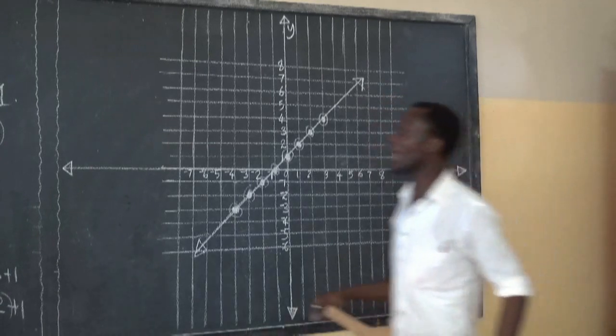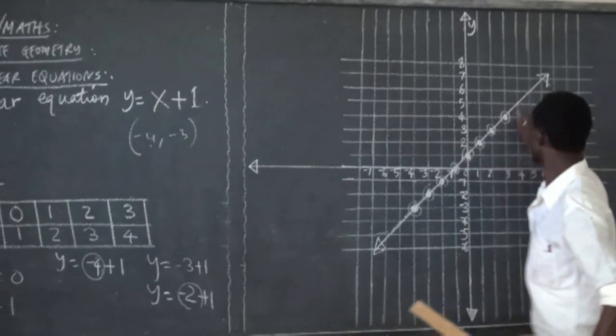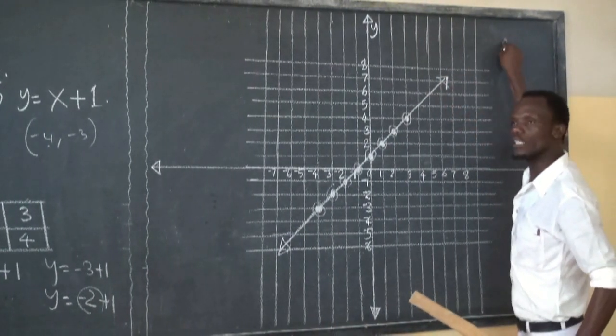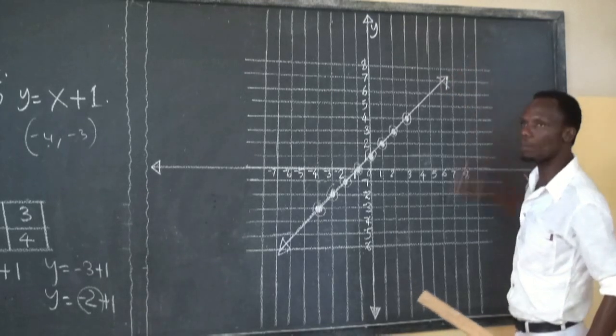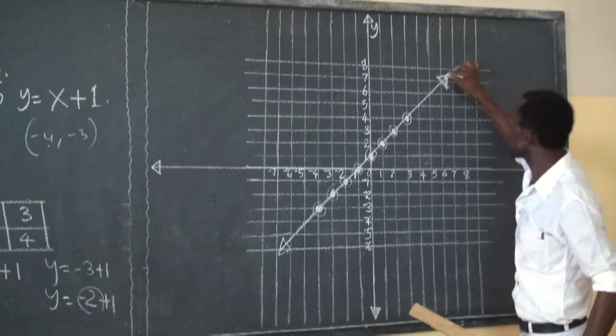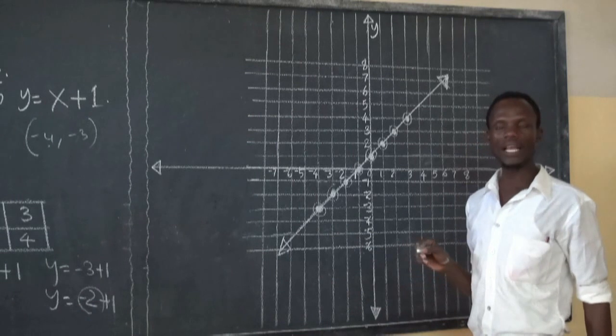If we keep on adding points here, our line also will keep on moving. You understand? It won't stop. It cannot be stopped. But we have drawn an arrow to show that it is continuing. This is by arrow. You understand?